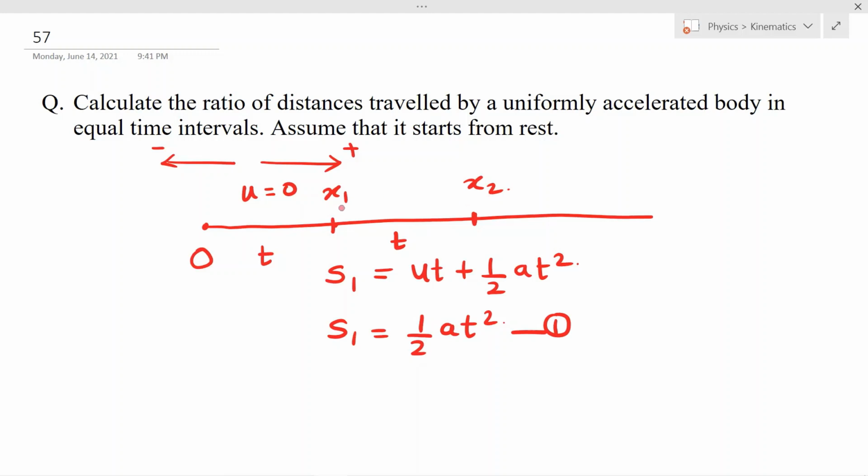So x1 is the position coordinate of this point and x2 is the position coordinate of this point. So this is x1. Now what is the distance covered in this time interval t? It will be same, like we will take final position to be x2, initial position to be this, and this will be half, u is 0, a acceleration is same, into 2t whole square.